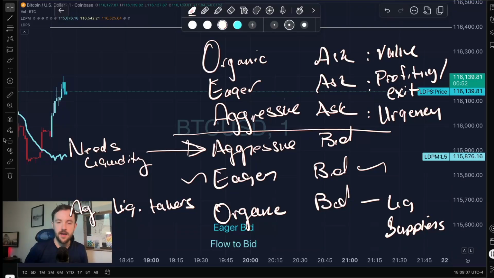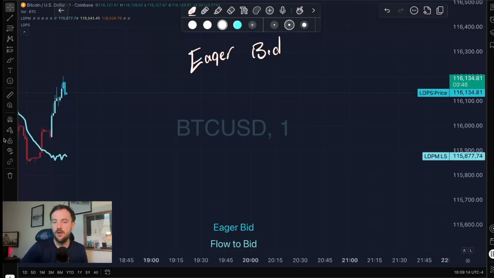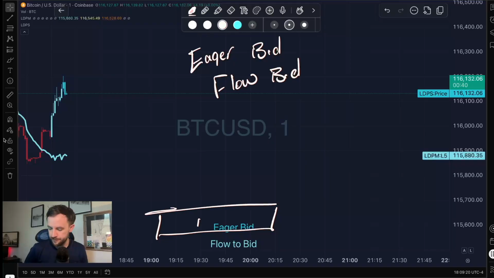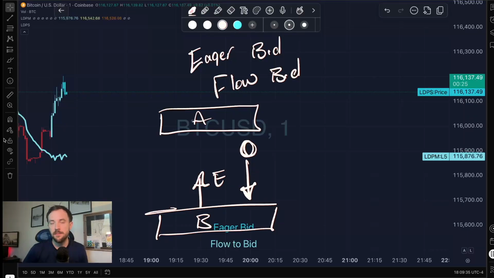Right. So now below, we see an eager bid along with flow to bid. So what does that mean? So if we draw our bid, we draw our ask, and we see that we have an eager bid, but we see that the liquidity is moving to the bid. So there's a little bit of a mixed picture, right?